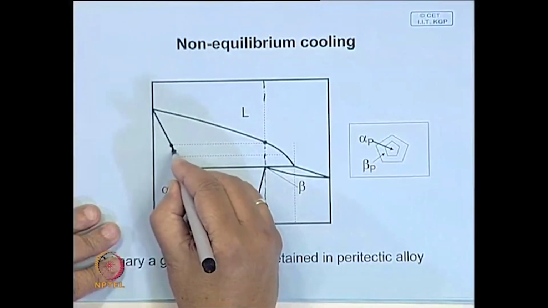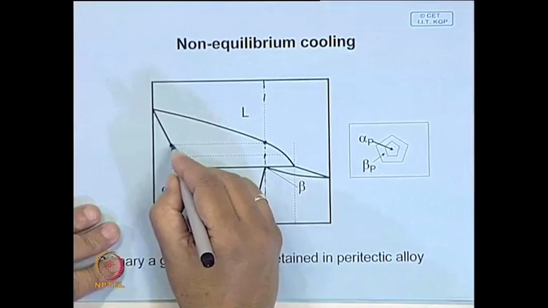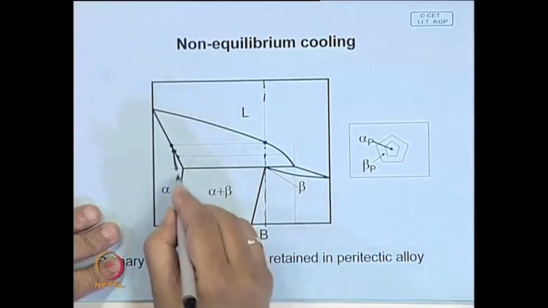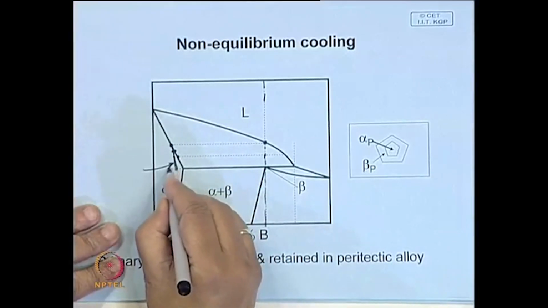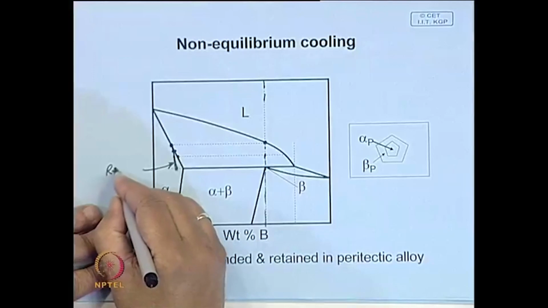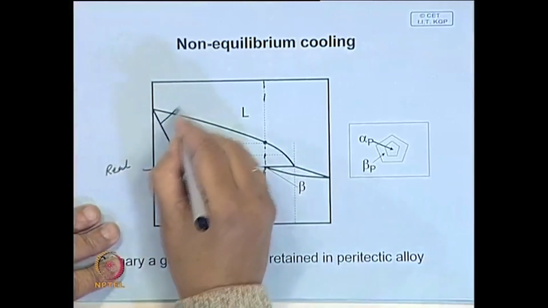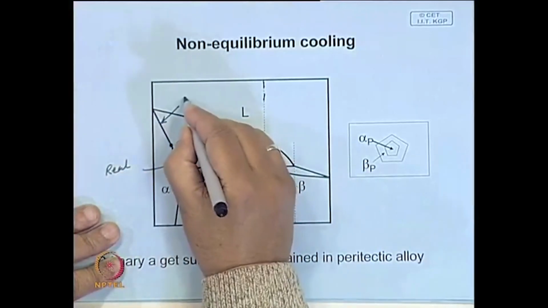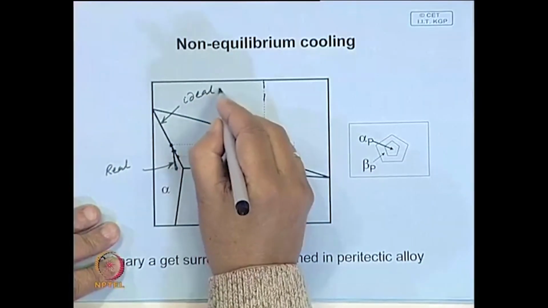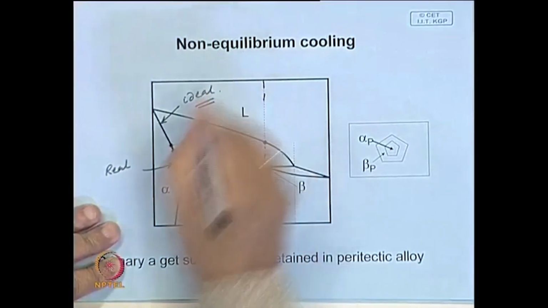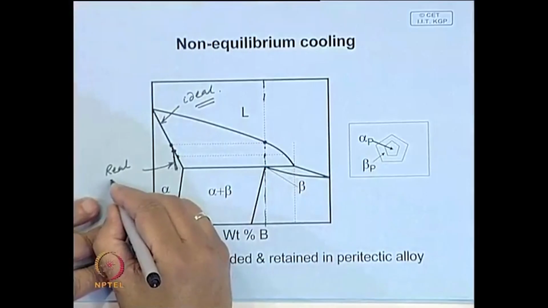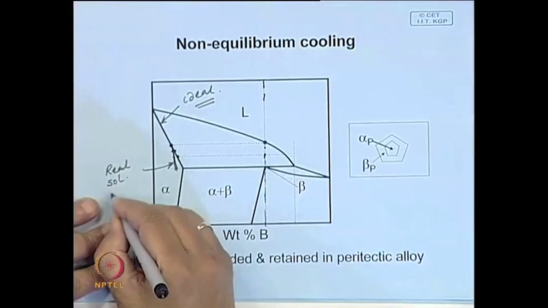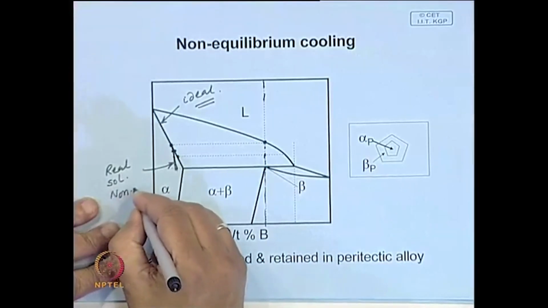So here also it follows the actual solidus, the real solidus. This you can say is the real solidus, and this is the ideal case when it is under equilibrium, and here it is the real solidus, that is non-equilibrium.